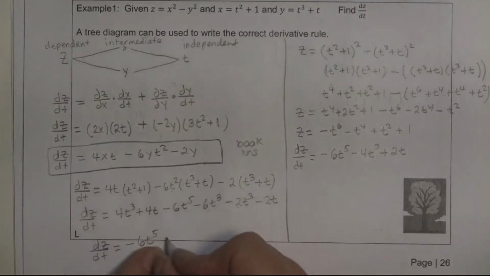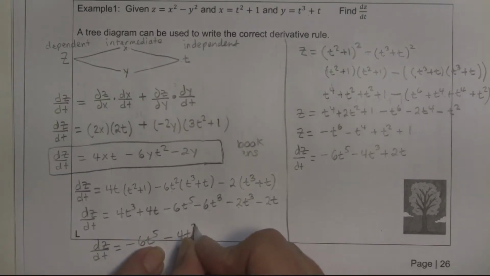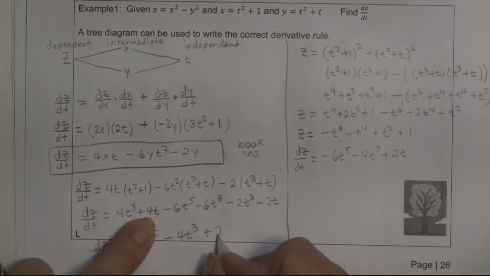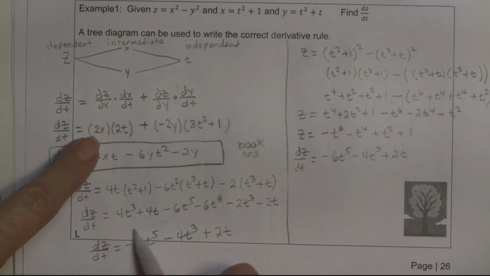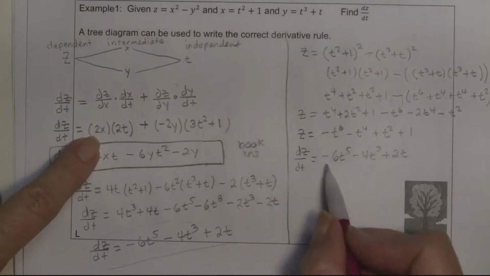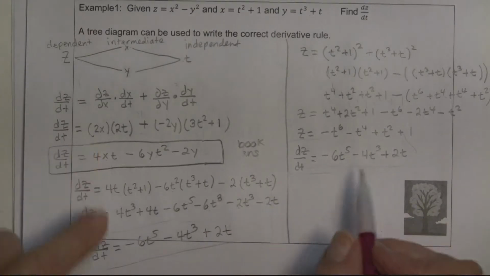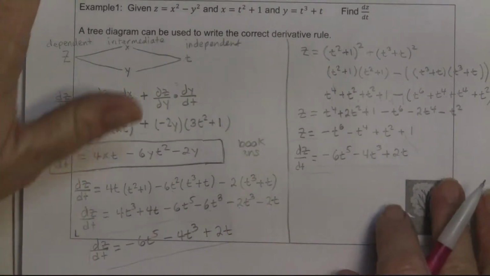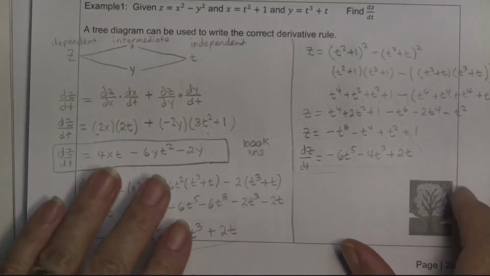Plus 4 is minus 4t to the third. And then I have here 2t, so plus 2t. And hot diggity dog, they do match one another. Again, let me reiterate, that's the book's answer, and that's where we're going to leave it. We did a lovely job on that.